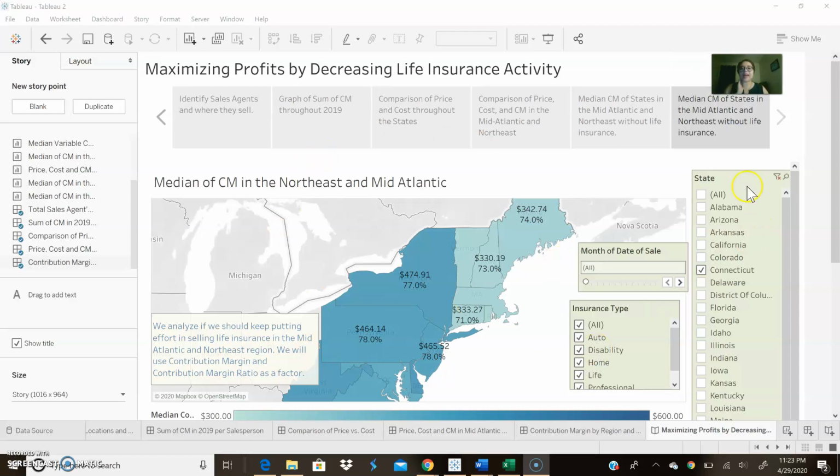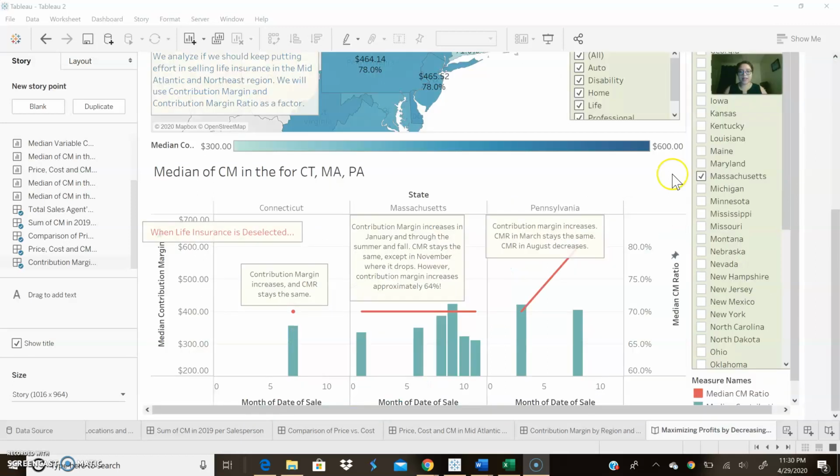So on our last page, we have a text description here that shows us what we're going to be looking at. So it says, we analyze if we should keep putting effort in selling life insurance in the Mid-Atlantic and Northeast region. We will use contribution margin and contribution margin ratio as a factor. And at the bottom, we have our regular values.